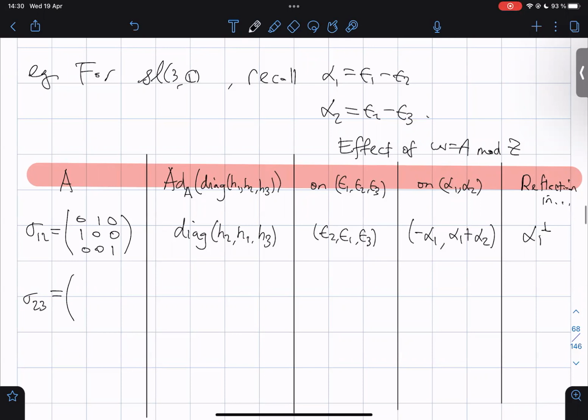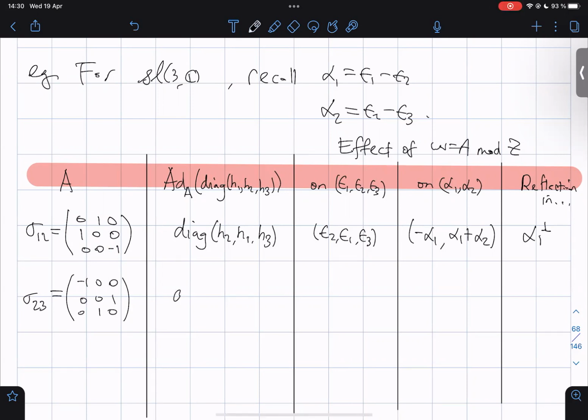And there are a few more. I want this minus 1 here, because this part has determinant -1, so I want to put a -1 here so that the overall determinant is +1, so that I'm in big SL 3. You have similar effects for these other ones.